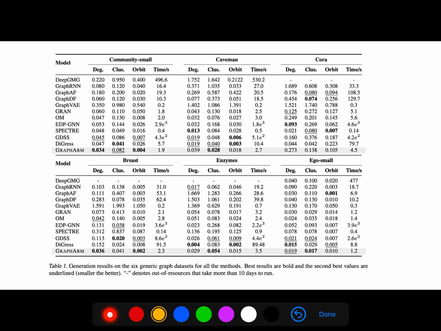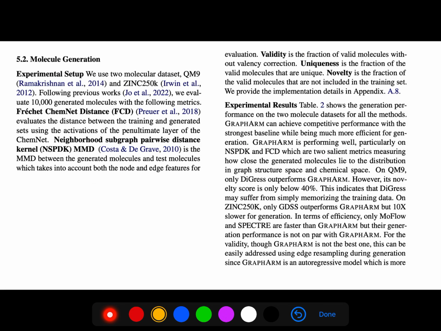So they did experiments on the Cora dataset, the ego-small and enzymes and breast datasets, and they compare even with DiGress. So it's even sometimes better than DiGress, this GraphARM model. In computer vision, we have images, so we have the Fréchet Inception Distance.